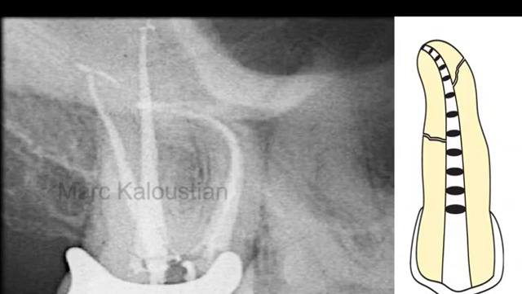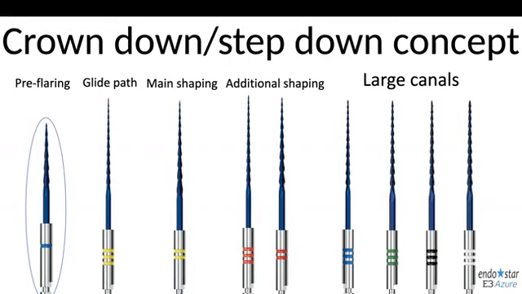And this is the idea of keeping the foramen as small as possible. Because if we enlarge the foramen, we will transport the canal in cases like this one when we have an acute curvature. And transporting the canal is like a zipping, so it's like a perforation for us, and it will become a failure.